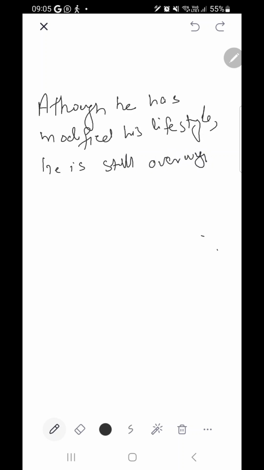You can also write: despite an improvement in her condition, she is still weak, and so on.